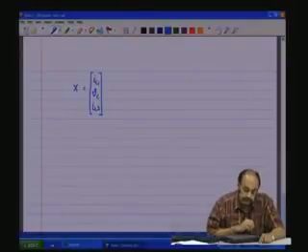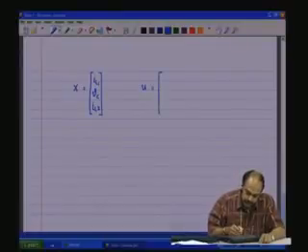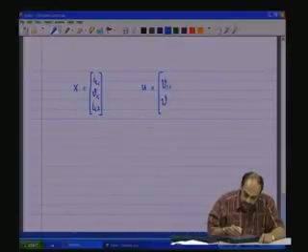This is the state vector. There are three state variables. U is the input vector, which consists of Vi1 and Vi2.